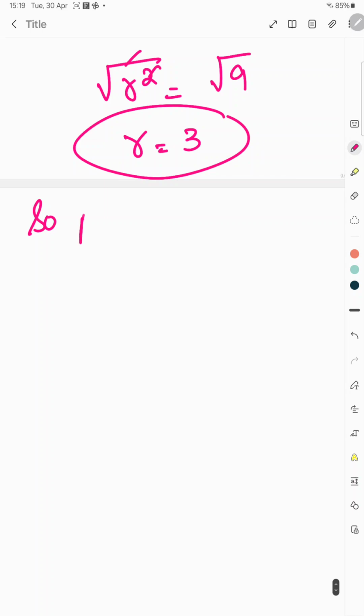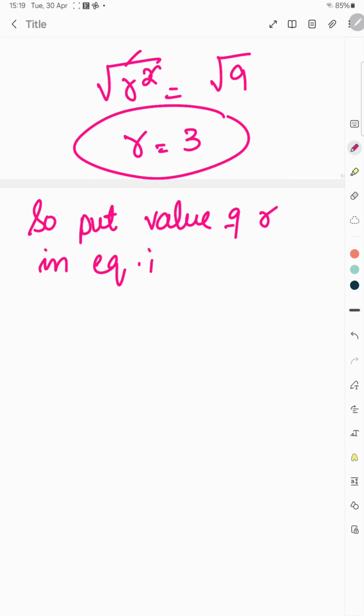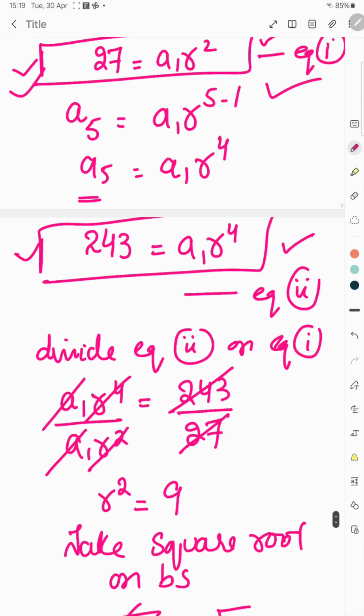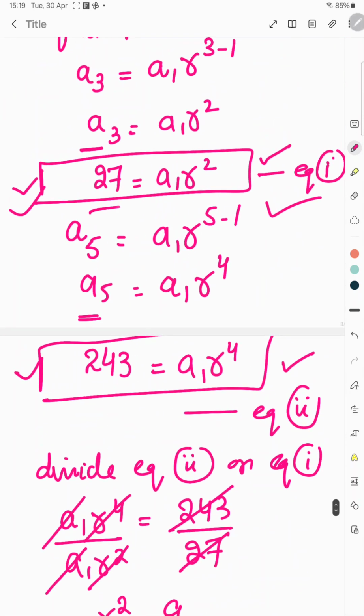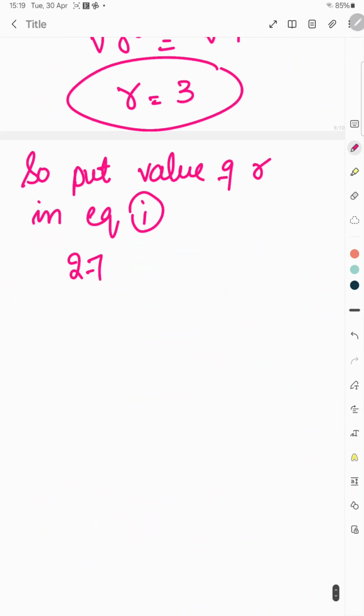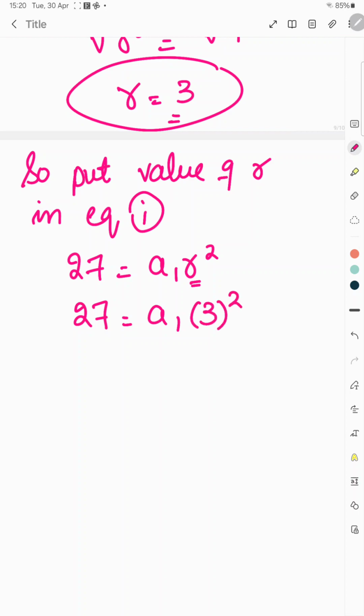So put the value of r in equation 1. Okay. So what is equation 1? 27 is equal to a1 r square. So here, instead of writing r, I will write its value, which is 3 square.